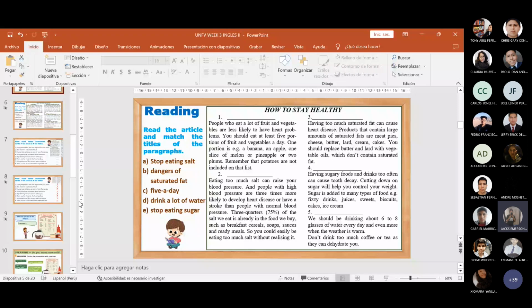About number 4? Stop eating sugar. What about number 5, the last paragraph? Drink a lot of water.